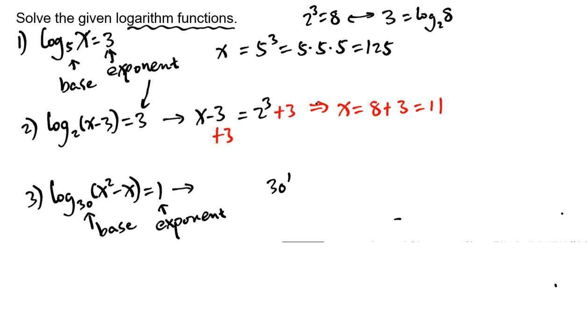After you write it, it will let you recall that you can write 30 to the first power, and then equals what? x squared minus x.